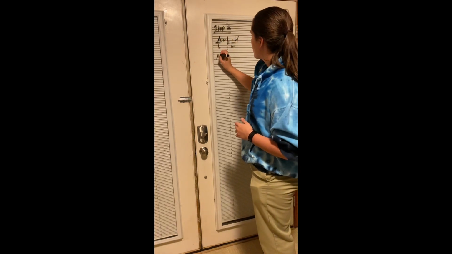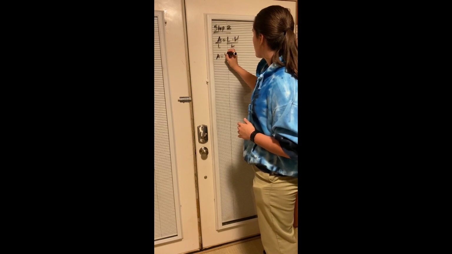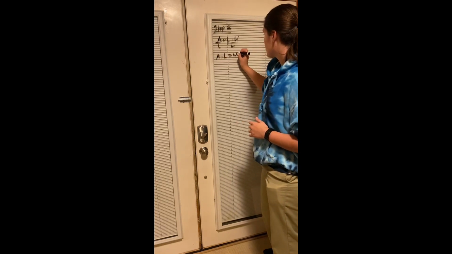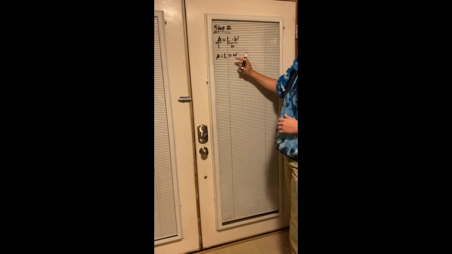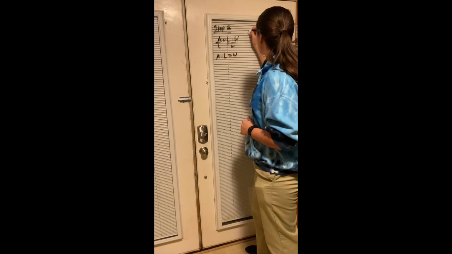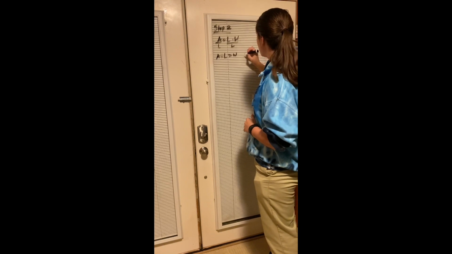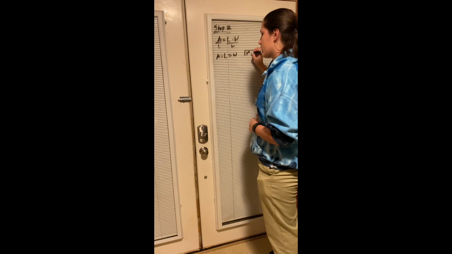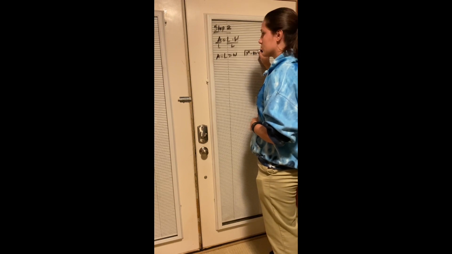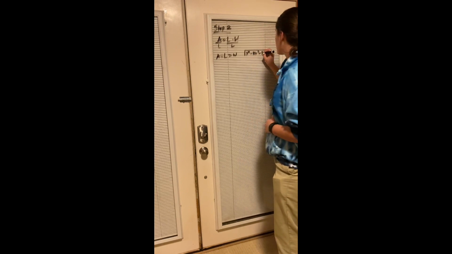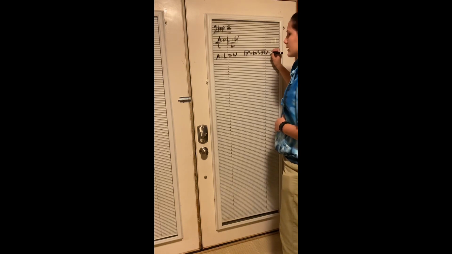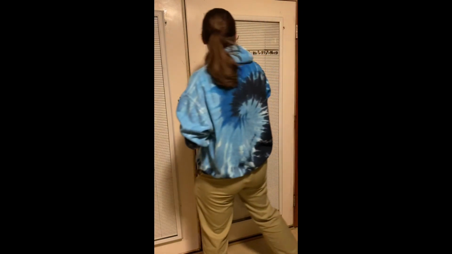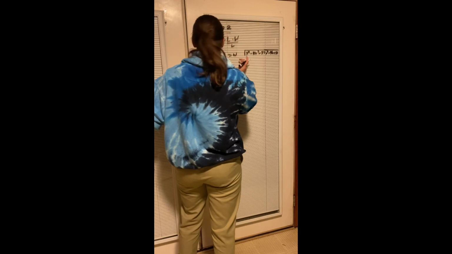So you get area divided by length equals width. So you take your area, x to the fourth minus 10x cubed plus 27x squared minus 46x plus 28, and it's being divided by x minus 7.